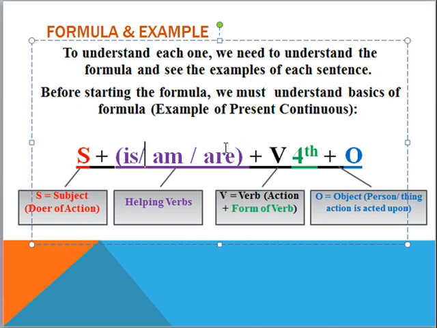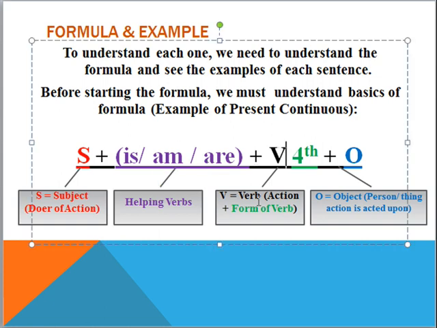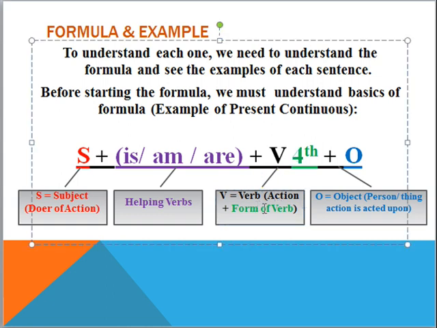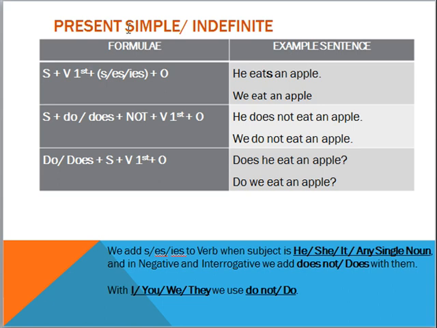Then comes is, am, are, which are helping verbs or auxiliary verbs. Then the verb's fourth form. Verb means action. And in the last we have O, object, the person or thing the action is acted upon. So that is an example of a formula. We'll start with the present simple first.